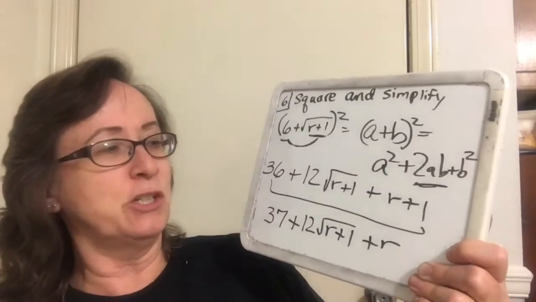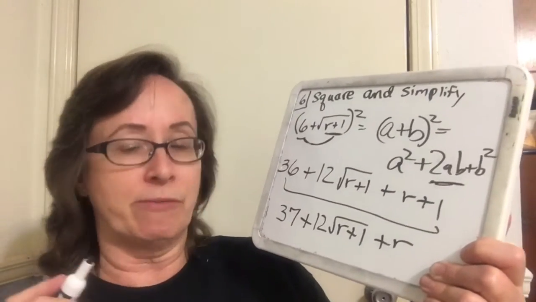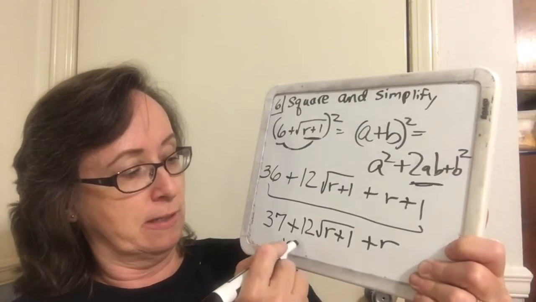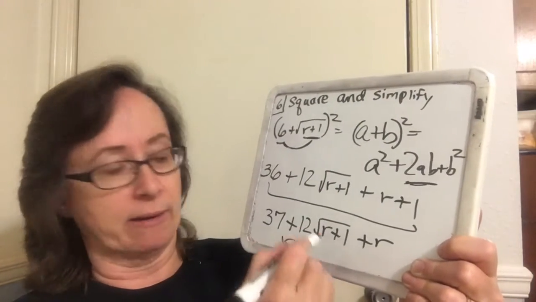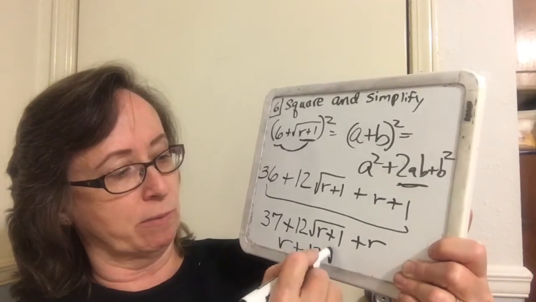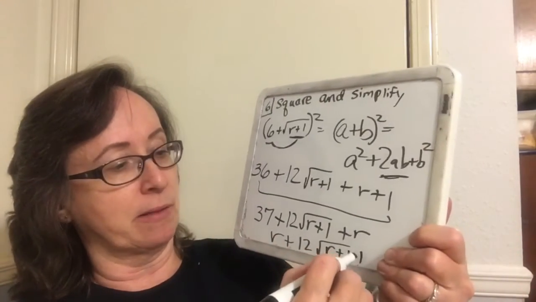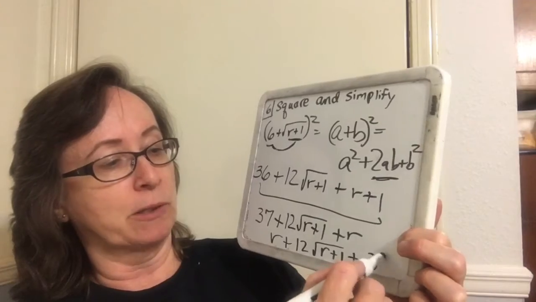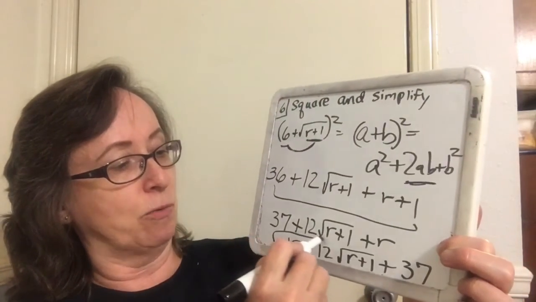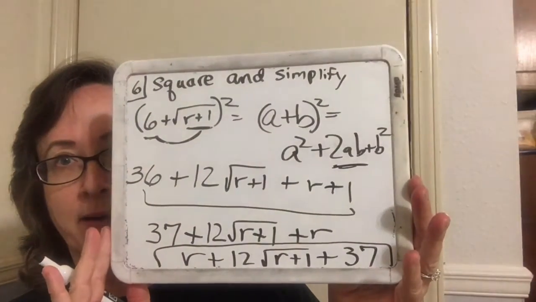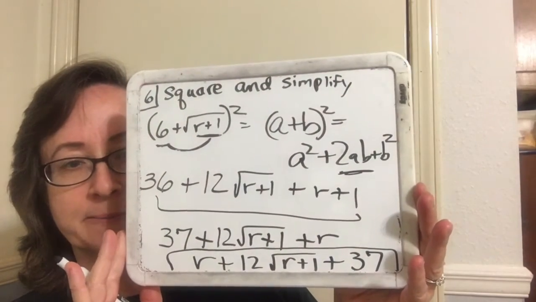Okay, now if we're going to do that in descending order of the variable, then we would put the r first, and then we would put the radical, so 12 square root of r plus 1. And lastly, we would put the 37 if we were going to write it in descending order of the variable. And there you have problem number 6.